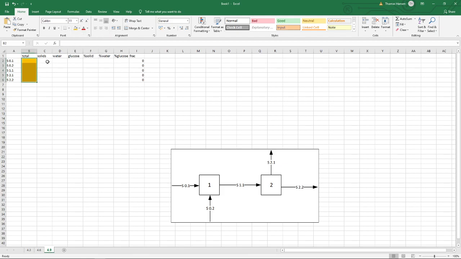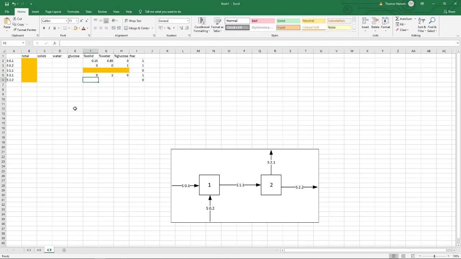So all of these, we could say that they are actually unknowns or variables. Where's my orange? I like the orange. What else are we told? We're told about some compositions. In 0,1, 15% solids, 85% water, no glucose. In our 0,2, we only have glucose. In 1,1, no idea what the composition is going to be. In 2,1, I know it's only going to be water, because that's the water I'm evaporating.